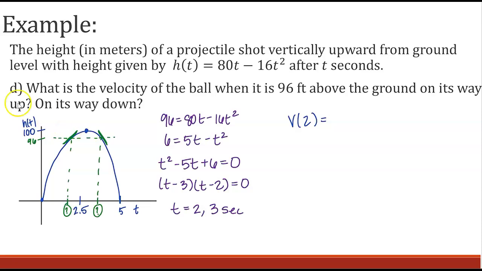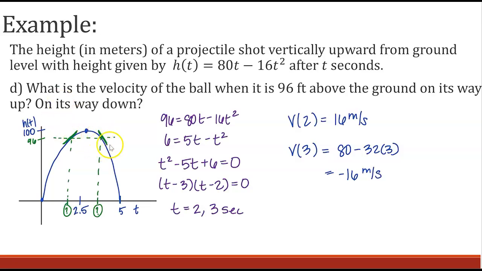Well, v of 2 we actually found in part A of the problem. v of 2 was 16 meters per second. So that's the slope of the tangent line here. If I plug in 3, so it's 80 minus 32 times 3, I get negative 16 meters per second.